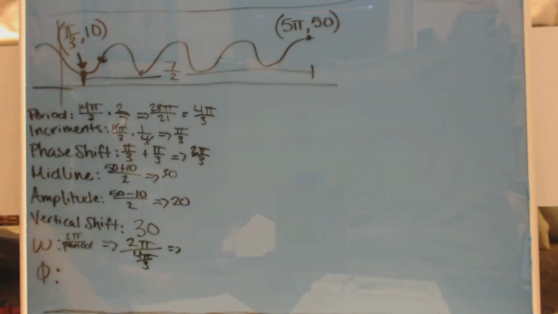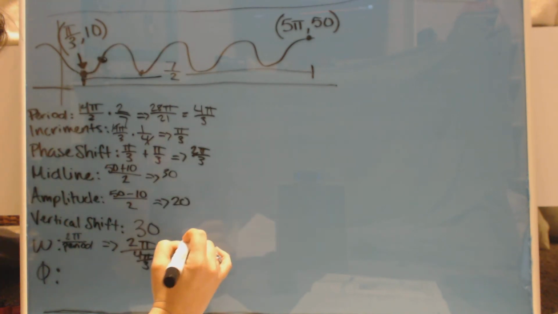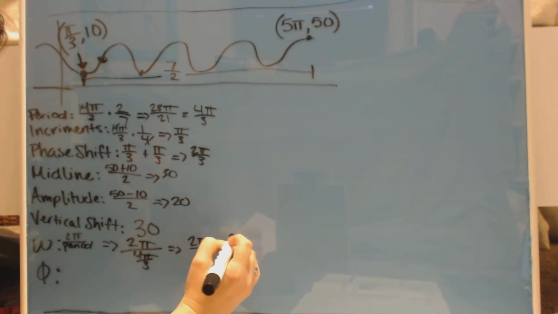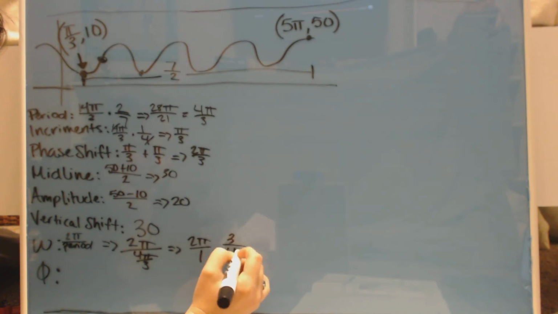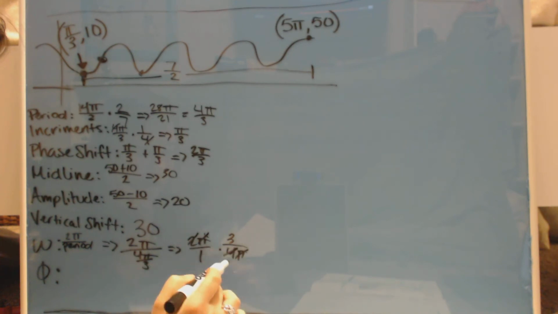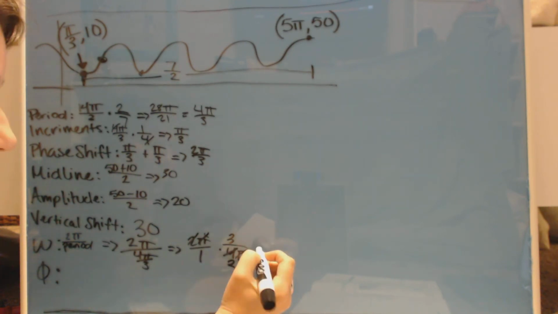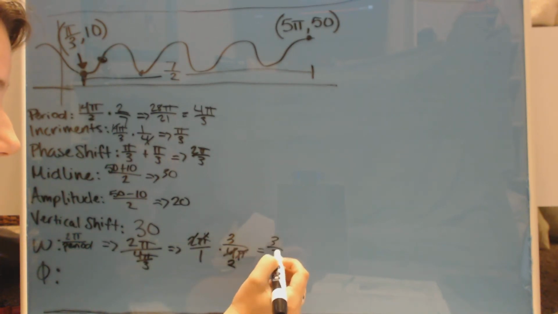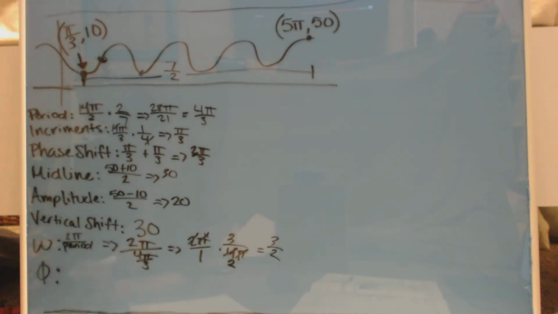We can manipulate this and get 2 pi over 1 multiplied by 3 over 4 pi. The pi's cancel out, the 2 goes away, that gets turned into 2, so we end up with 3 halves in the end.